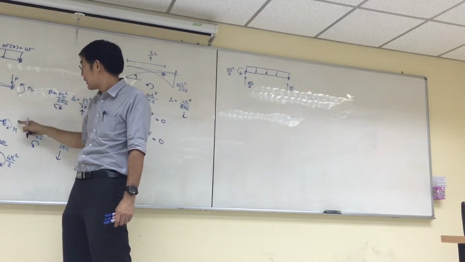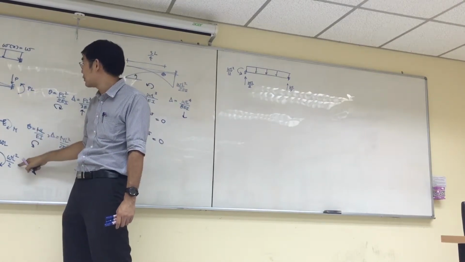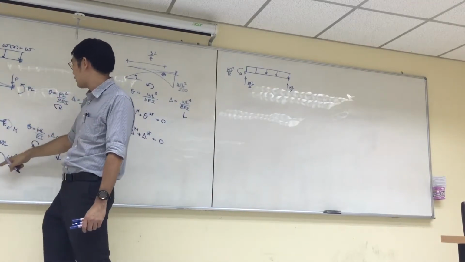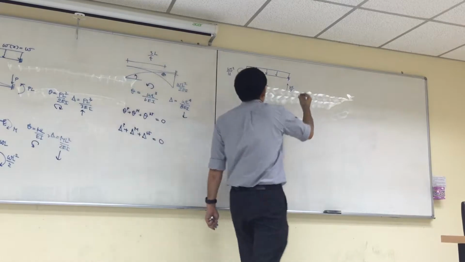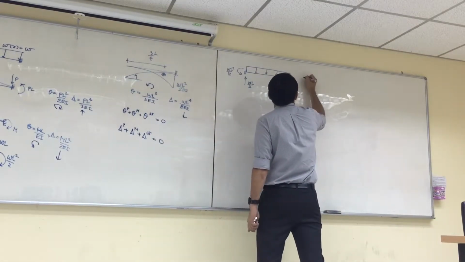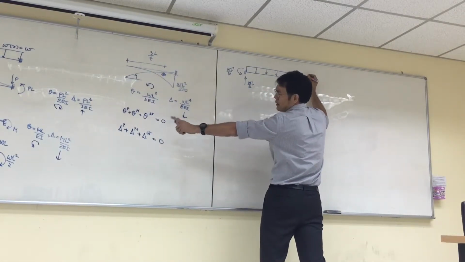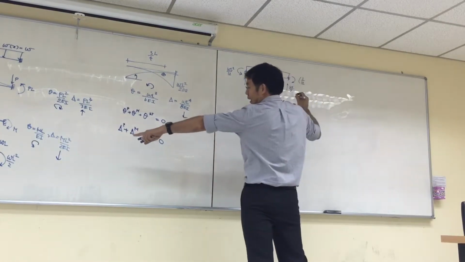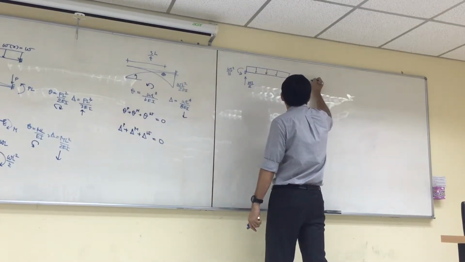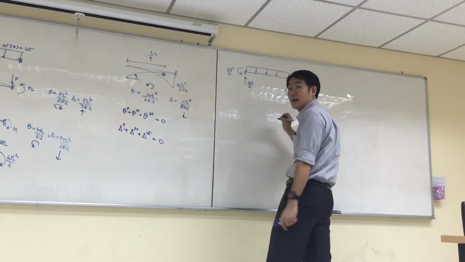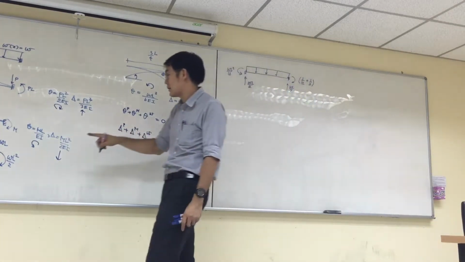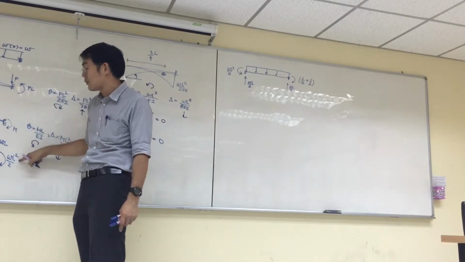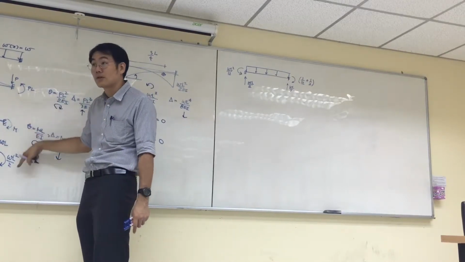PL, M, and WL²/2. PL is going this way, M this way. So you have M being 1/12, and then plus 1/2. This is WL²/12. This is a half going in the same direction.